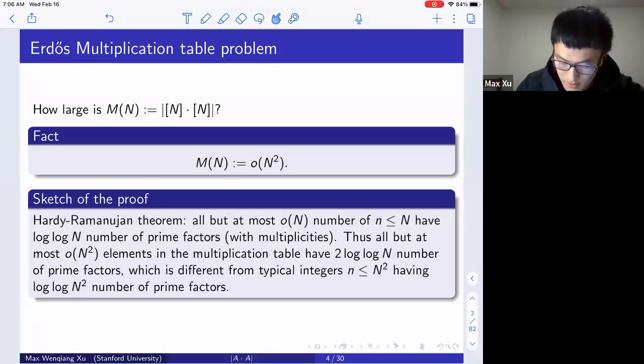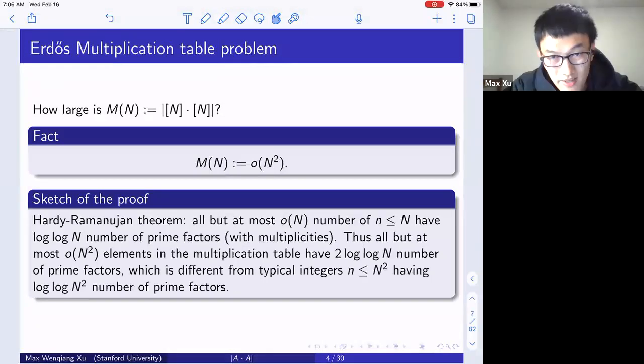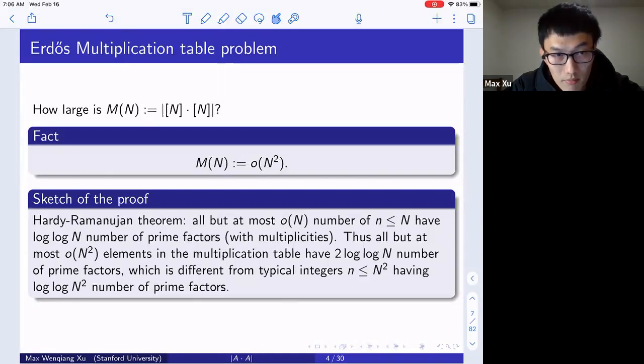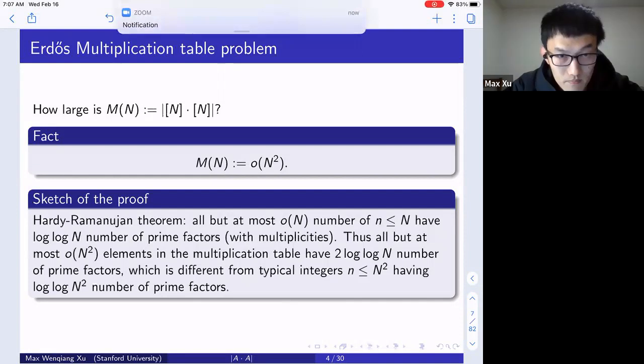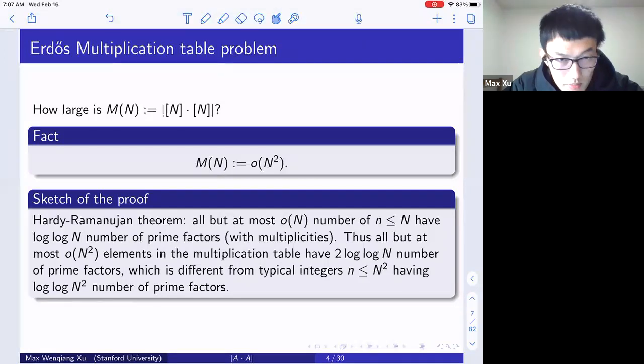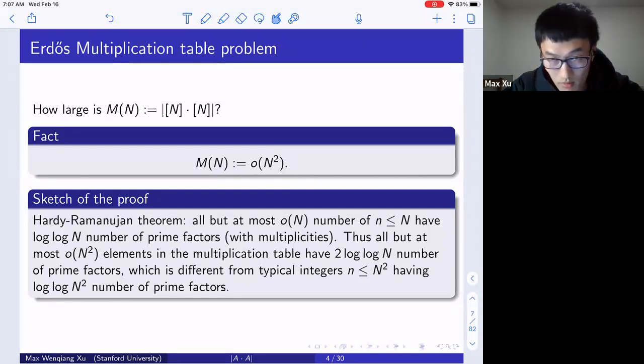But a typical number from 1 up to n squared will have log log n squared, which is roughly still log log n, prime factors. So that means the typical elements of the multiplication table will be atypical among the integers from 1 up to n squared. So it's little o(n squared). That's a simple proof of this fact.